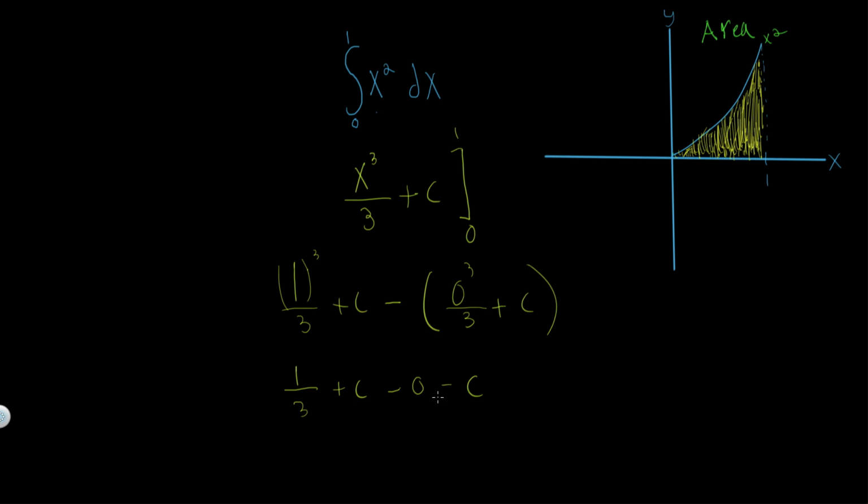Notice that the c's just cancel, and that's the reason why we don't care about that constant when we take definite integrals. Next time you don't really have to write the c. Technically the c is there, but we don't care about it with definite integrals because they cancel. So we get 1/3 minus 0, which is just 1/3. So the area under this parabola from 0 to 1 is 1/3.